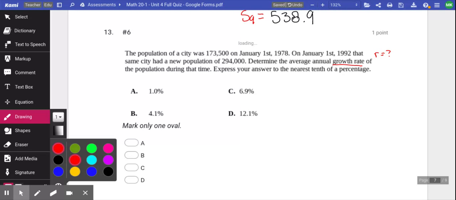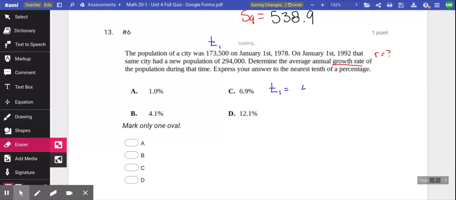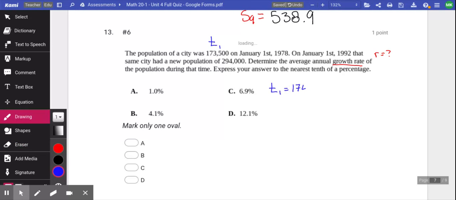Okay, so they gave me the population at the start. That's going to be my T of 1. Then they gave me the population somewhere else. So they said T of 1 equals 173,500. Then they gave me another population.